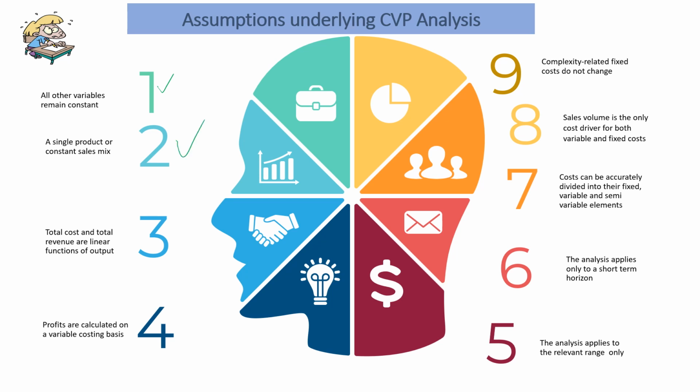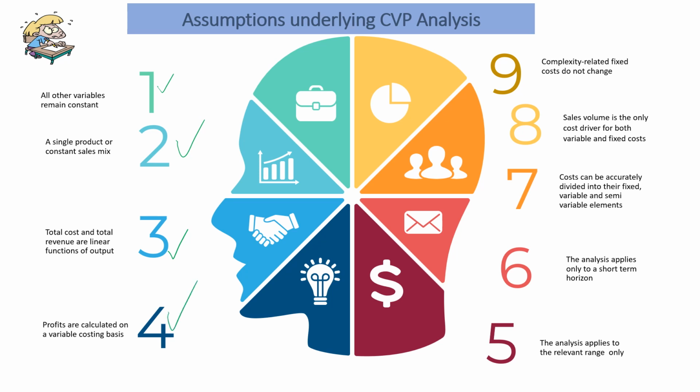Okay, number 2, we assume that a business has a constant product mix and produce only one kind of product. Okay, number 3, in CVP analysis, cost linearity is preserved over the relevant range and revenues are constant per unit.